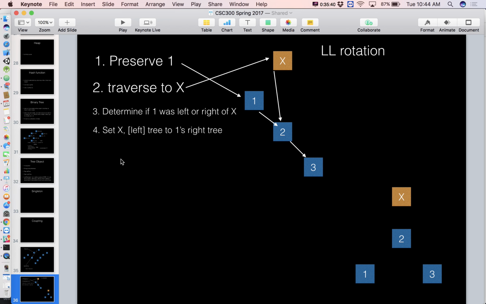All right, now what? What's step 5? Set 2's left tree equal to 1. Oh, okay. I'm just going to label that number 6 for no special reason. So set 2's left tree to 1.